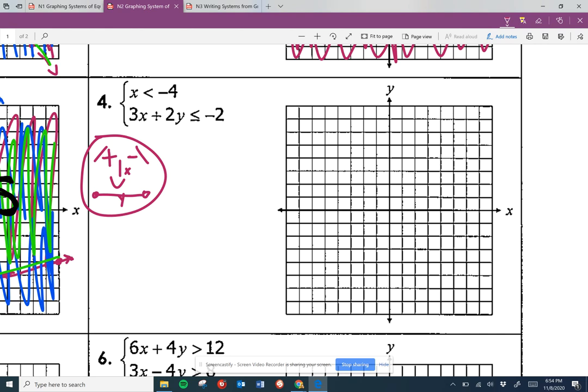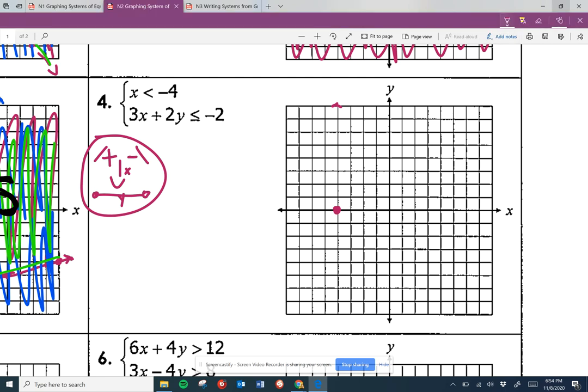Okay, so I have a dashed line through negative 4. Now, less than negative 4, this is a little different. You have to think about on the x-axis, which side is less than negative 4. Is 0 and up here 8 less than, or are these numbers over here? And it's going to be the left side that is actually going to be less than. So this is going to be that solution set.